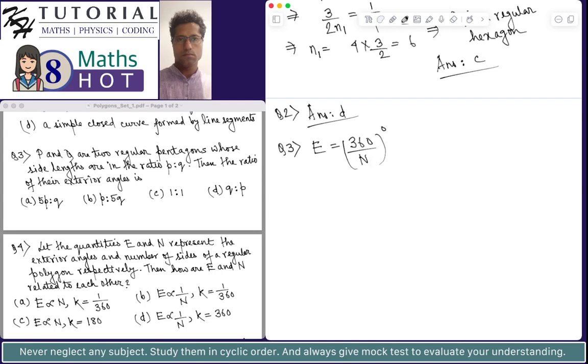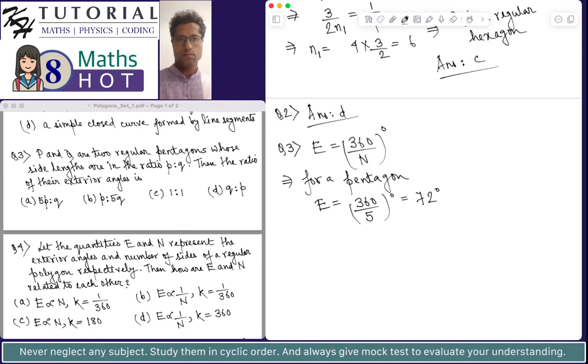Now, both P and Q are pentagons. For a pentagon, irrespective of their side lengths, E will be equal to 360 by 5, since the number of sides is 5. This is equal to 72 degrees.